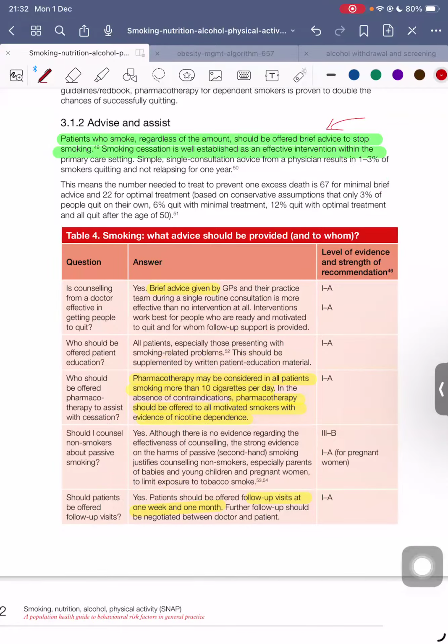Usually behavioral therapy and counseling are all included here, along with advice and assist. Smoking cessation is a well-established, effective intervention within the primary care setting. Simple single-consultation advice from a physician results in 1 to 3% of smokers quitting and not relapsing for 1 year.